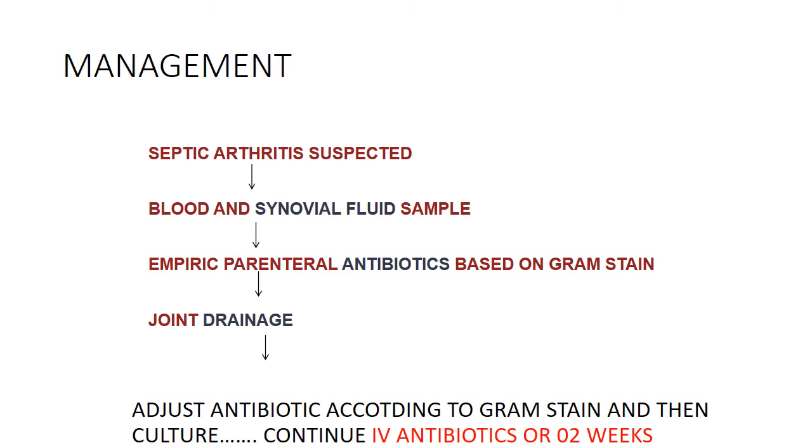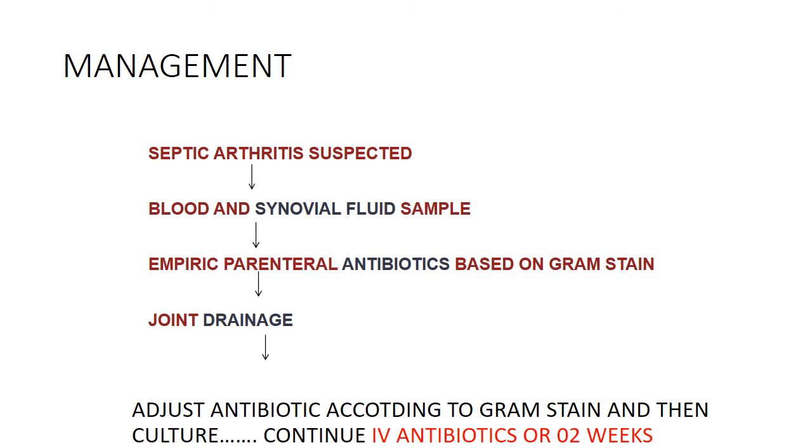The management of septic arthritis starts even if it is mildly suspected. You suspect septic arthritis, start managing it. Do not wait for its final diagnosis. Blood and synovial fluid samples are taken, and the empirical IV antibiotics are started based on their gram staining.